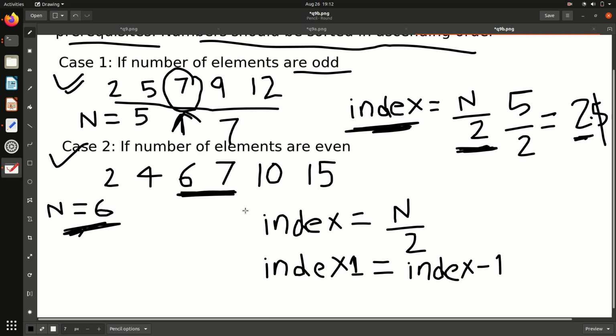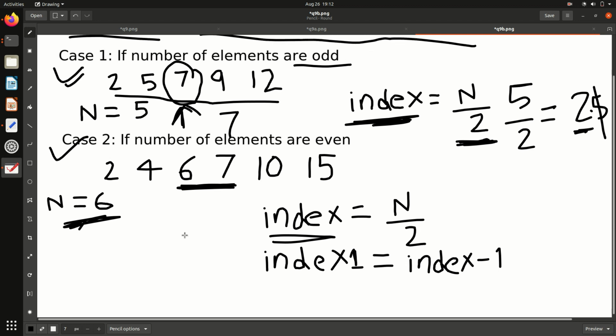How do we find it with code? Here we want 2 indexes. The first index we will get by n by 2. So the moment you do 6 by 2, it will be 3. And where is 3? This is 0, 1, 2, 3. So this element we got.